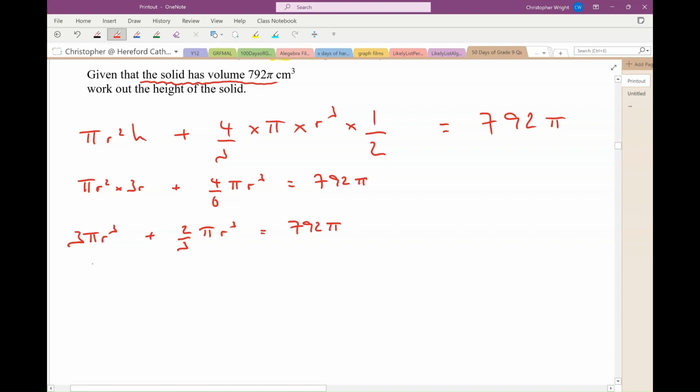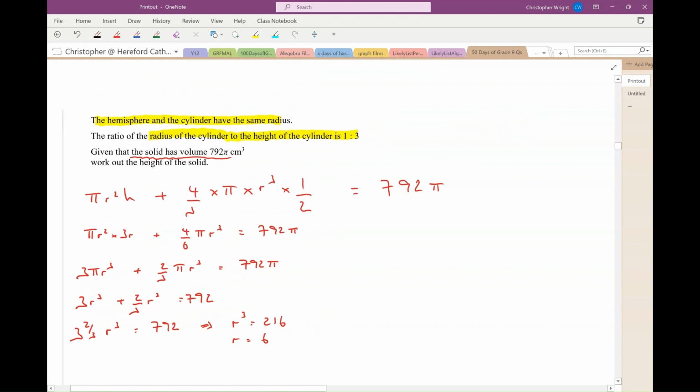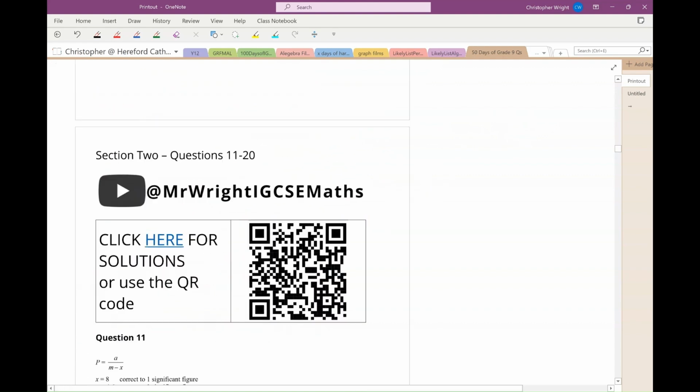Let's divide everything by pi. 3r cubed plus 2/3 r cubed equals 792. Look at that. So 3 and 2/3 of r cubed is 792. Divide both sides by 3 and 2/3. r cubed is 216. Cube root both sides. r is 6. Right. Now I found the radius is 6.